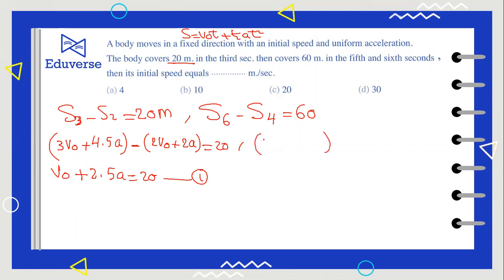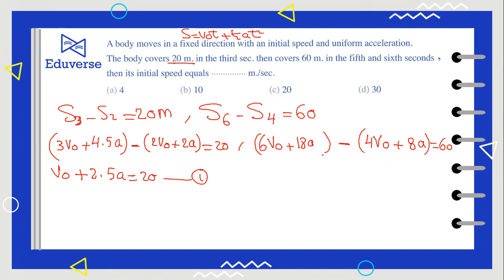S6 is 6V naught plus half AT square. T square is 6 square, 36. Half of 36 is 18A, minus. By the same rule, S4 is 4V naught plus half AT square. T square is 16. 16 multiplied by half is 8A, equal 60.